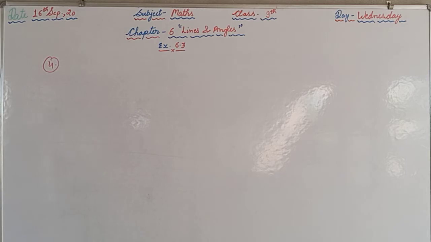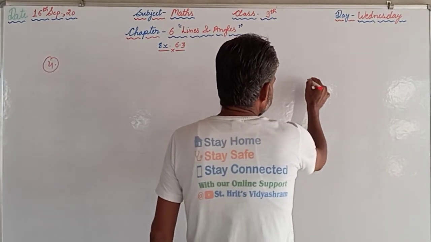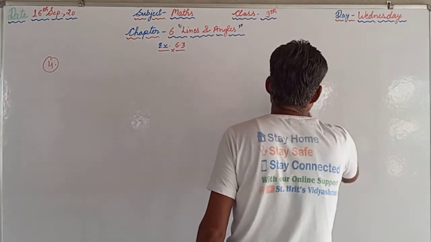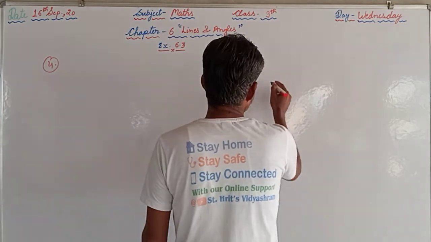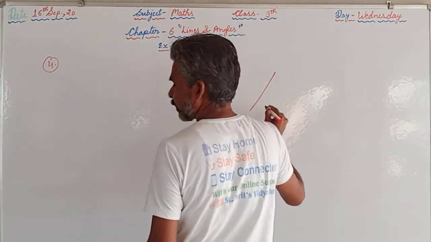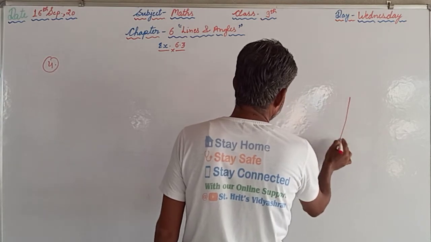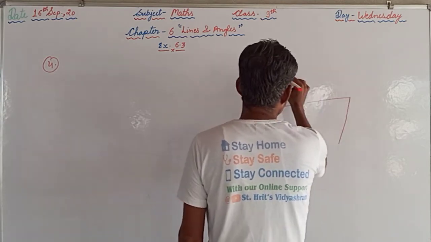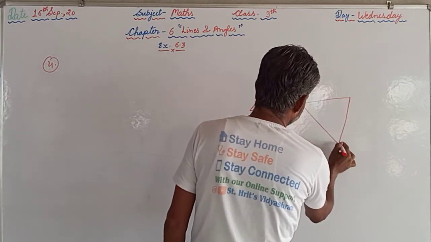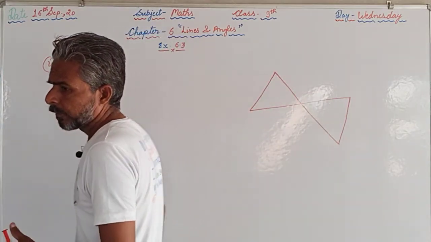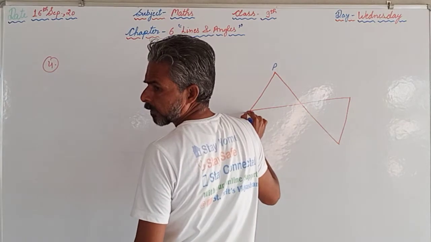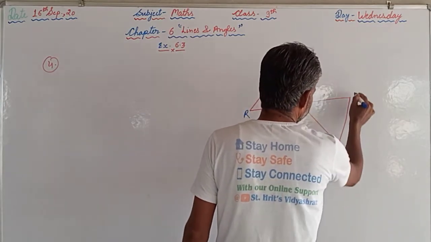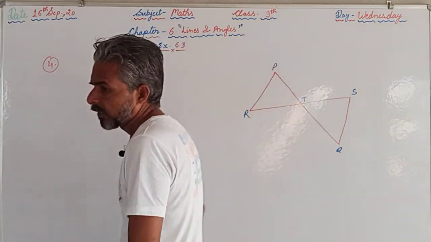For that, first of all we are supposed to draw the figure, and two lines are given like this, and the naming is given PQ and RS, and they are intersecting at point T, and some of the angles are given.